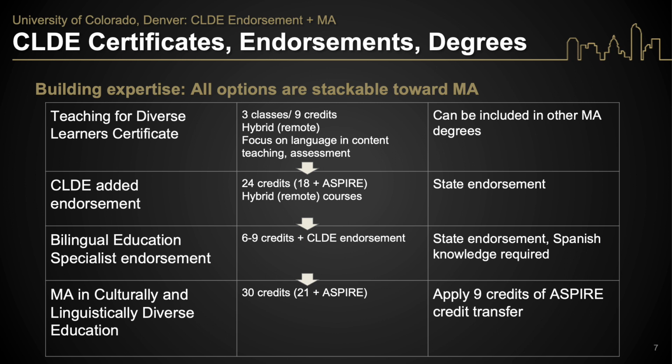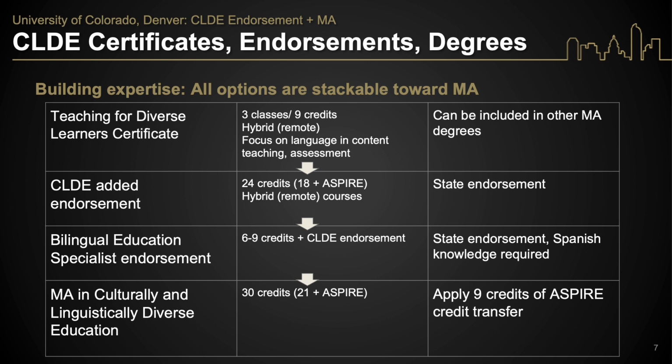And that certificate just adds something to your own resume that says you are prepared as a classroom teacher, generalist, to do the fundamental work of working with multilingual learners. That covers both the understanding of language as well as a little bit into methods and assessment.